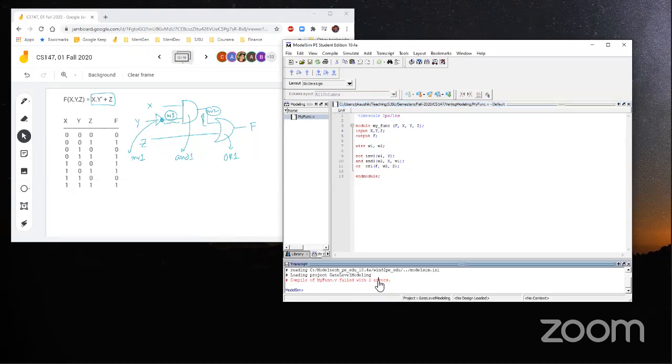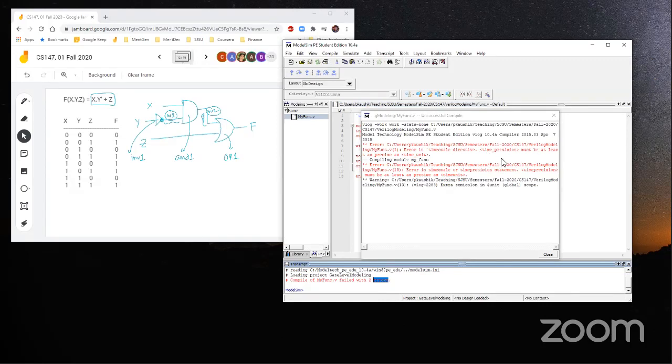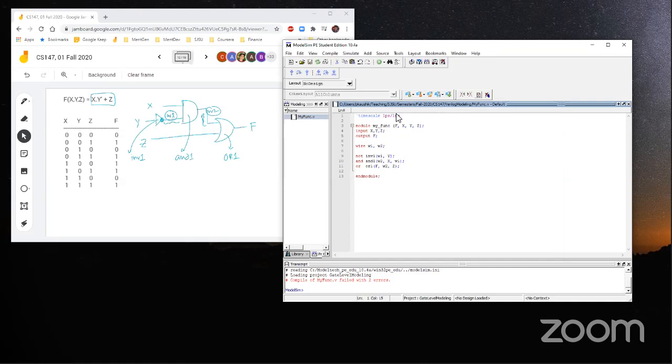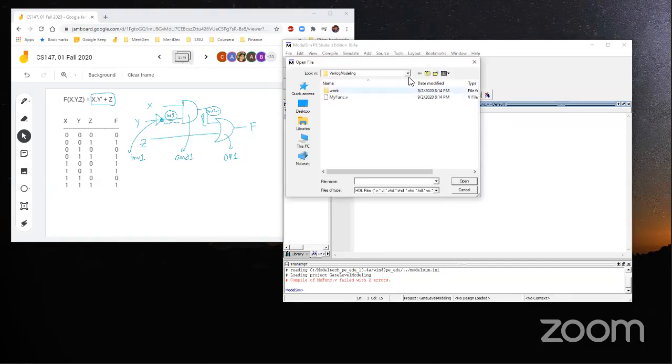Okay, 2 errors. Let's see. Timescale must be at least precise a time unit. Okay, maybe this is the forward slash. Is it because you put picoseconds instead of nanoseconds? And now it is 2 different things: the time step and the precision.